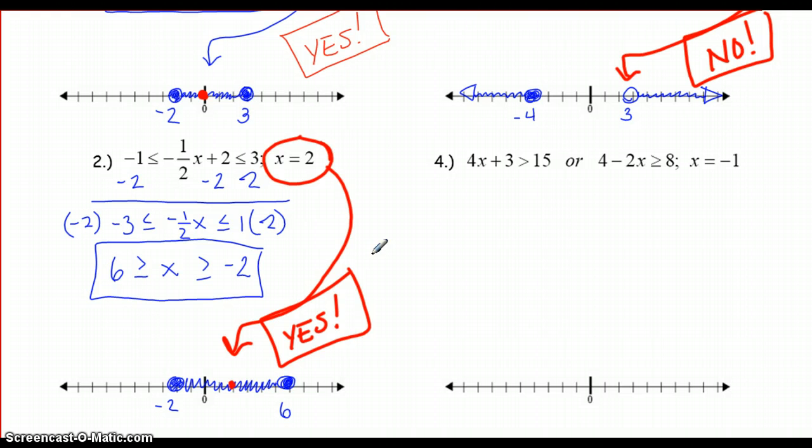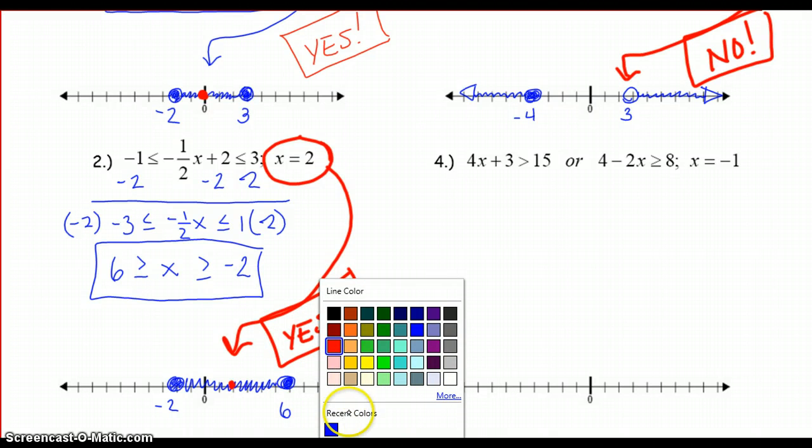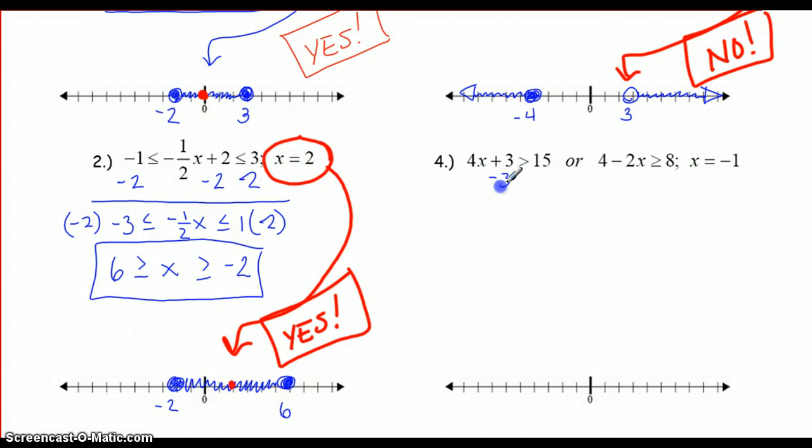All right, number 4. Let's go ahead and change my pen and my color. Okay, so we're going to subtract 3 from both sides, and we are left with 4x is greater than 12. Divide both sides by 4, and x is greater than 3.